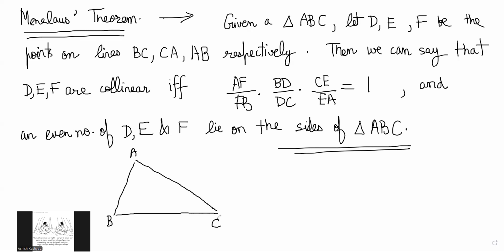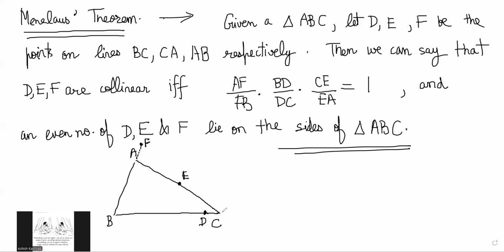So look at this triangle right now and let D, E, F be points on the lines BC, CA, and AB. Imagine AB's extension and this point is F. Imagine E somewhere here and imagine D somewhere here.